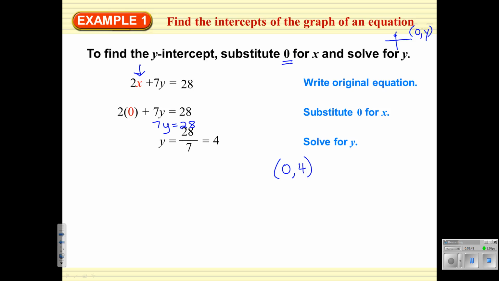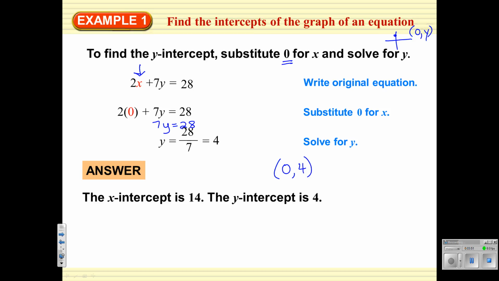That's example 1. So the x-intercept is 14, the y-intercept is 4. If you want to put this in your notes, 14, 0 is the first point because we substituted 0 in for y, and the second point would be 0, 4 because we substituted 0 in for x the second time.